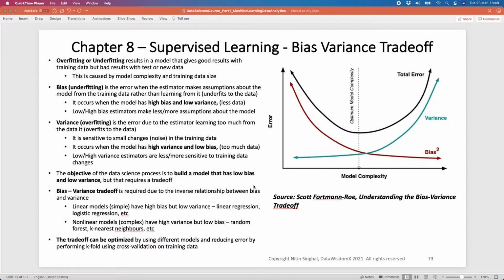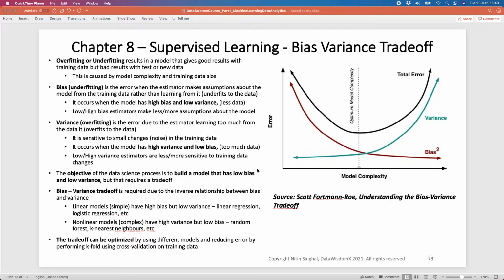So you don't want such a bad predicting model. Once again, the low variance estimators are less sensitive to the training data, and the high variance estimators are more sensitive to the training data, because that's how you build the model. So you want to minimize the impact of this sensitivity to the variations in the data.